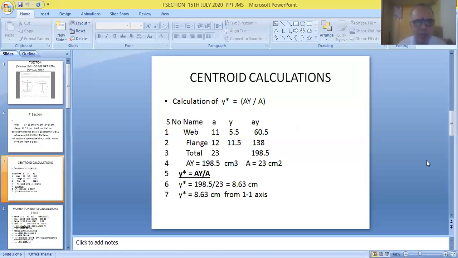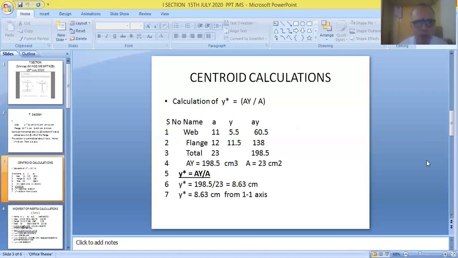So the area of the web is 11 centimeter square. Similarly, the width of the flange is 12 centimeter and the depth of the flange is 1 centimeter. So 12 into 1 comes to 12 centimeter square. This way we can measure the area of all the components of the section.